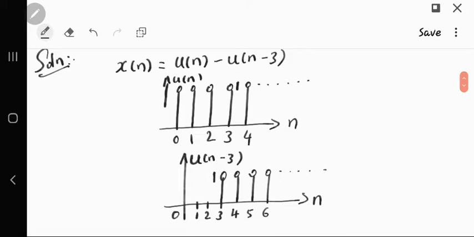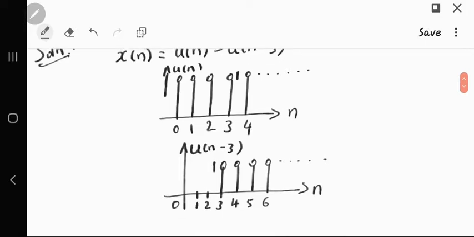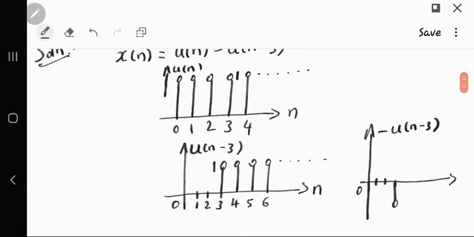Next we want minus u of n minus 3. So I will be plotting this right next to that signal. Minus u of n minus 3 means the amplitude of the signal changes from plus 1 to minus 1, and the signal starts from 3 only.